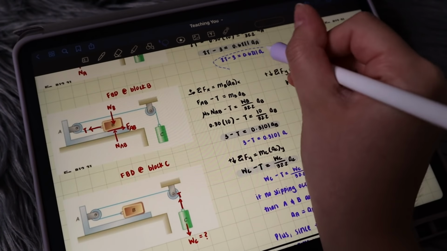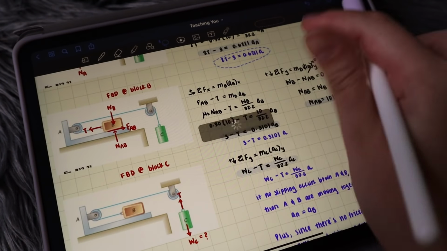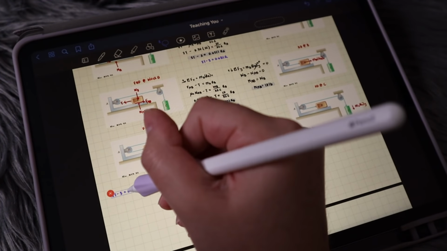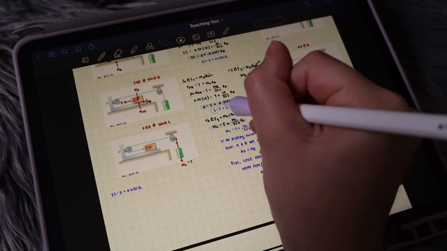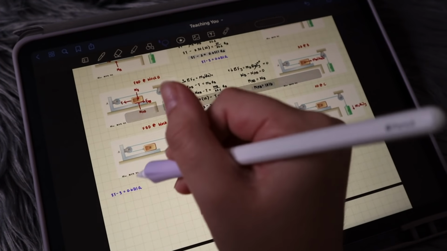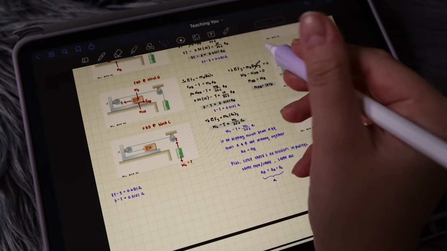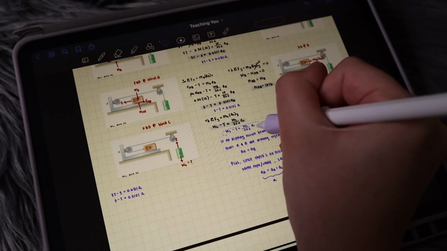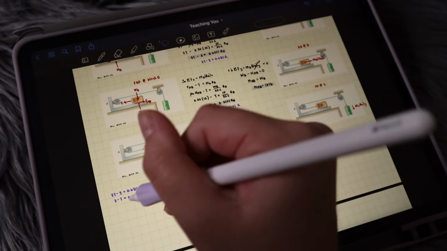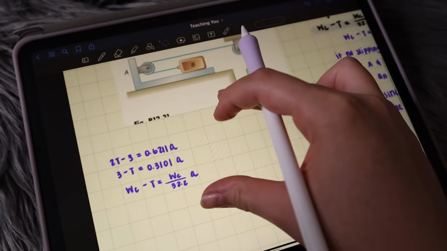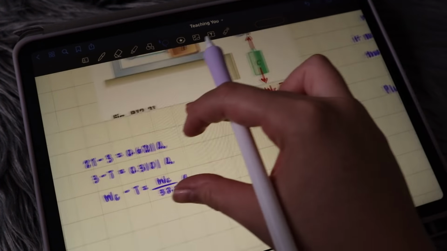So let's go ahead and gather all of these up together. Let's see if I can do it on the same page without running out of room. And the last one is right here. Okay, there we go. So these are all of our equations.